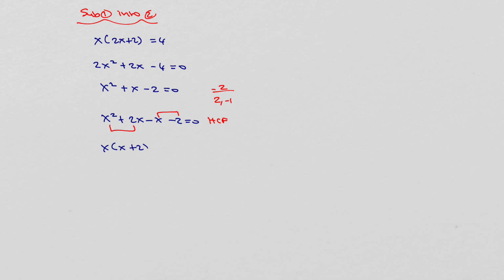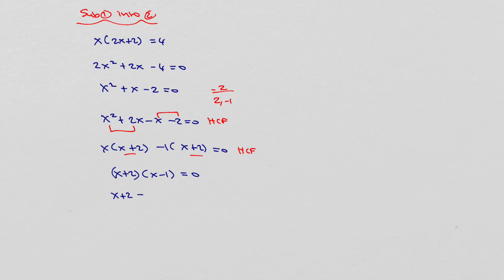So that gives me x by x plus 2 minus 1 by x plus 2 equals 0. Again, these brackets are the same, so I take that out as my highest common factor, which leaves me with x minus 1. Now both of them are multiplying to give me 0, which means one or both must be equal to 0. So therefore that gives me x equals minus 2 or x equals 1.